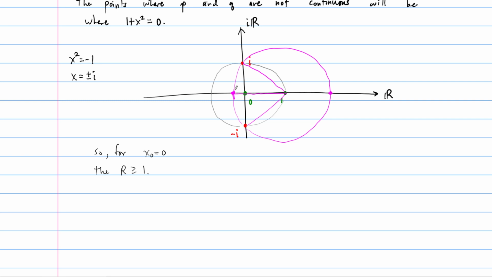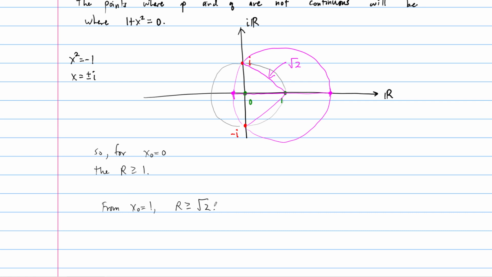Well, how long is this? This is an isosceles right triangle, so the length is square root 2, right? 1 squared plus 1 squared is 2. So from x naught equals 1, the radius is greater than or equal to square root 2.